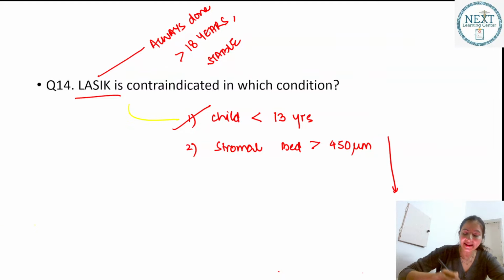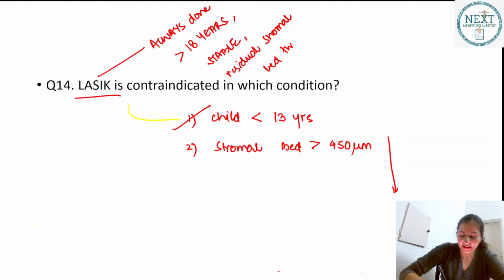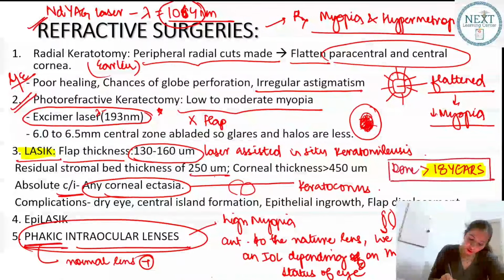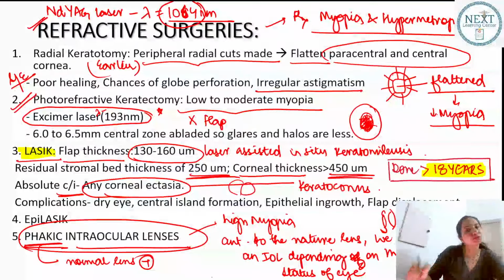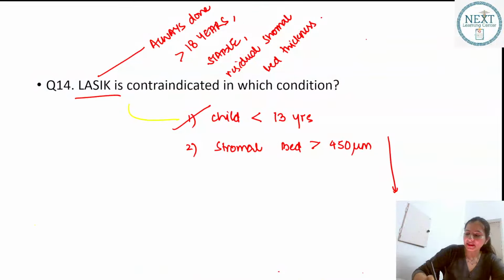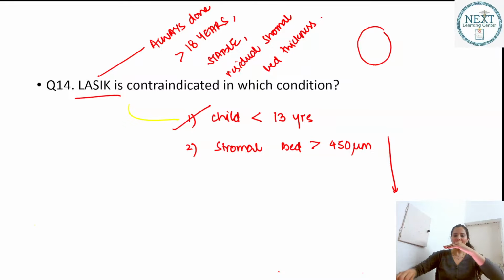So LASIK is done when the number is stable, the person is more than 18 years, the residual stromal bed thickness is more than 250 micrometers, and your corneal thickness is more than 450 micrometers. What does that mean? If this is your cornea, you make a flap like this, you give the laser rays.